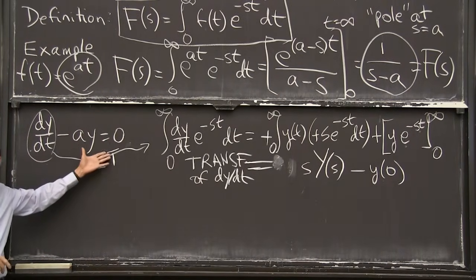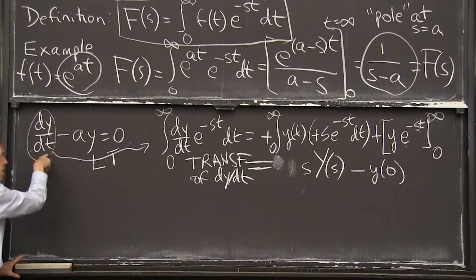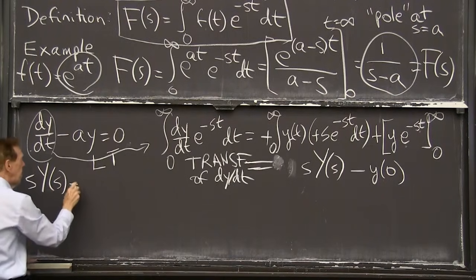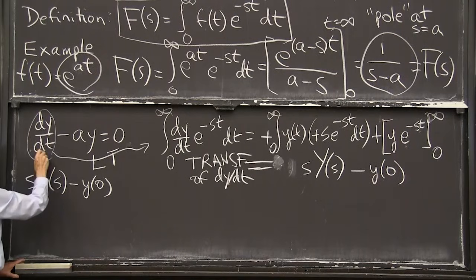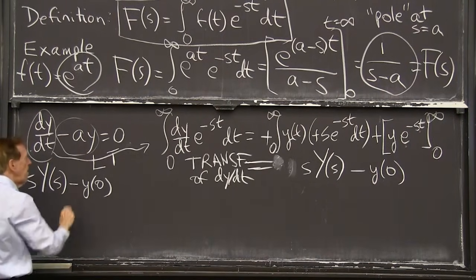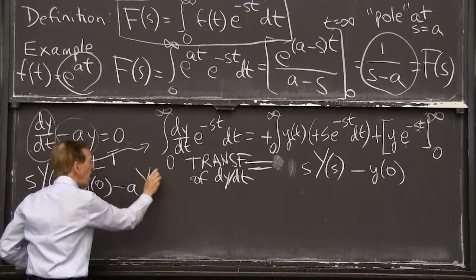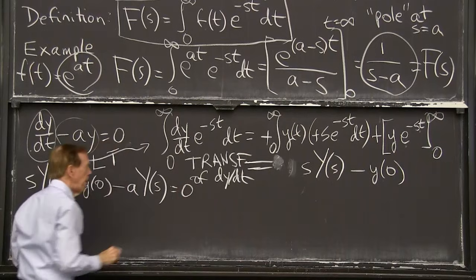So I have an equation. I take the Laplace transform of every term. I've got another equation. So the Laplace transform of this is s Y of s minus y of 0. That was the Laplace transform of this part. Now the Laplace transform of this is minus a constant, Y of s. And the Laplace transform of 0 is 0.